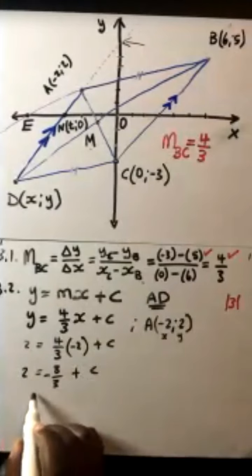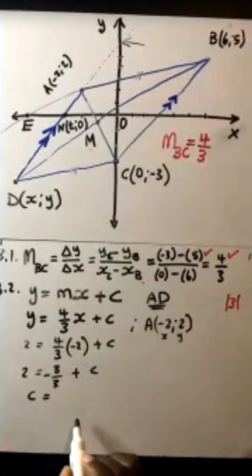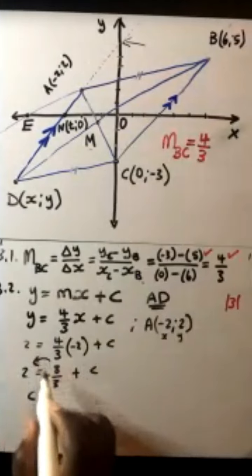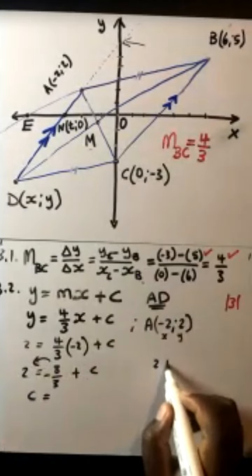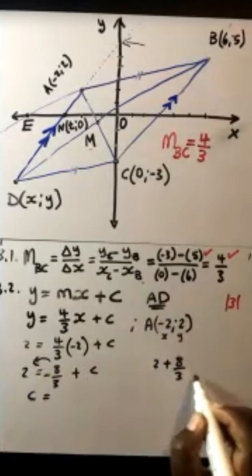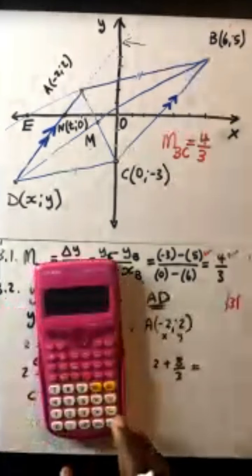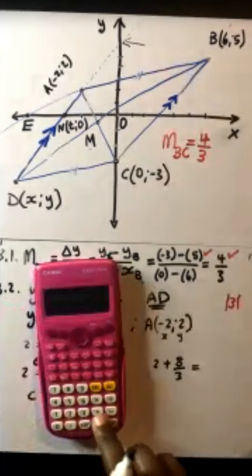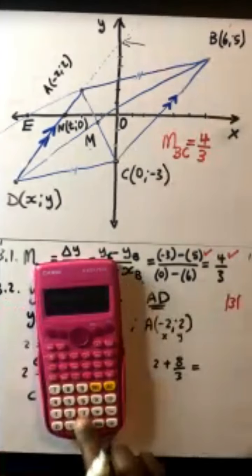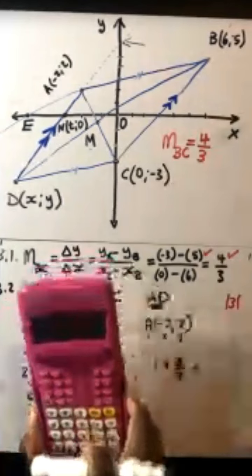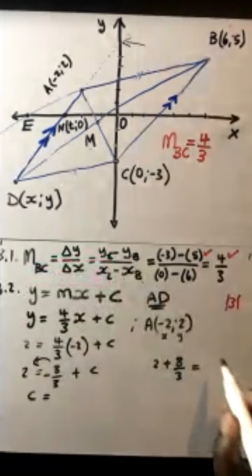This is plus C, which means C is going to be equal to, you just transpose, 2 plus 8 over 3. What is this, ladies and gentlemen? So you can just punch all of that on a calculator. 2 plus 8 over 3. I'm getting 14 over 13.